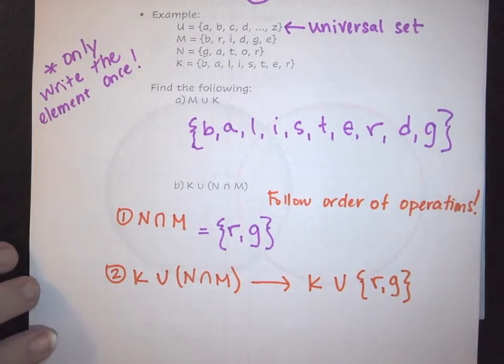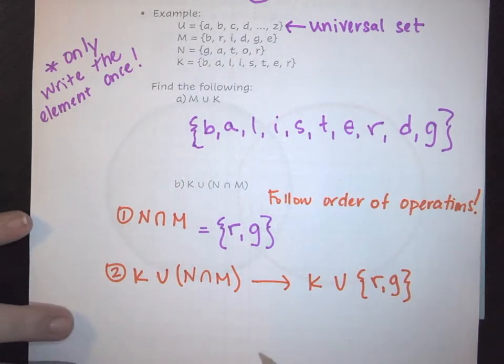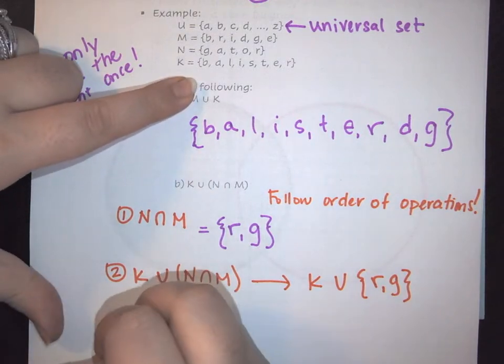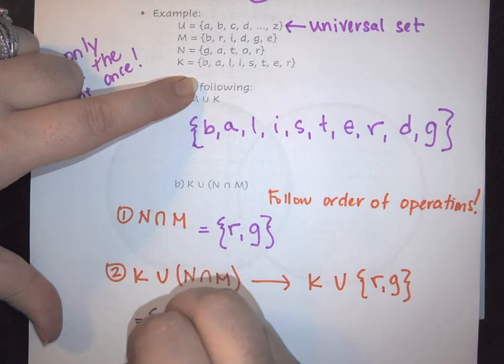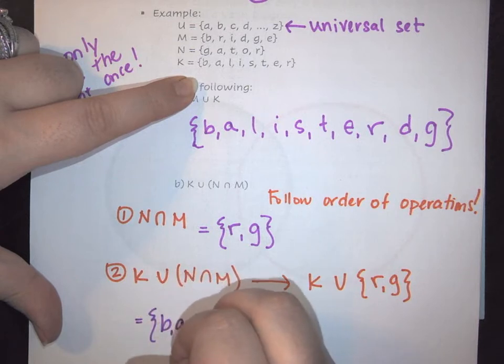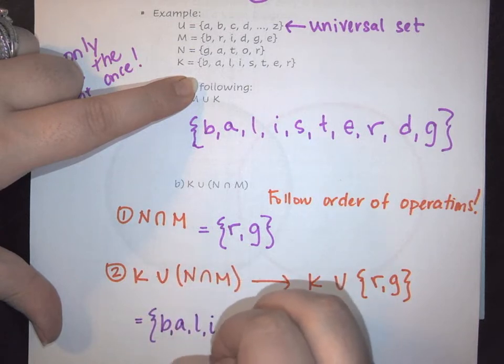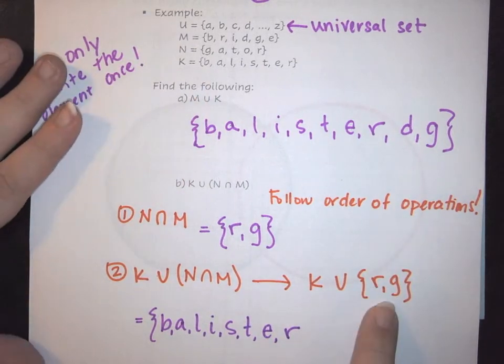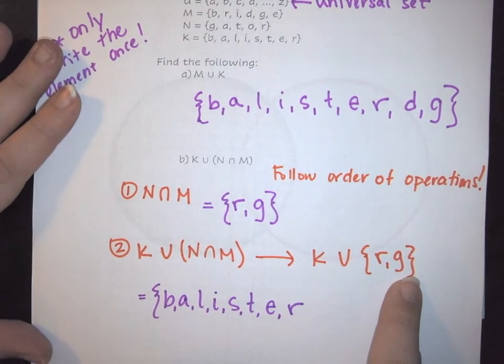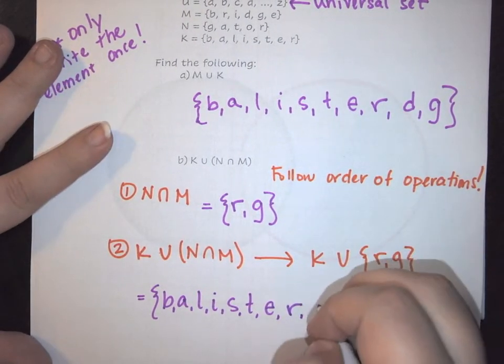Now if you remember, union again says that you're going to take everything in one set and combine it to everything in the other set. So here I've got K. So again, K is going to be that ballister. And then I'm unioning it to RG. The only thing that's missing was the G.